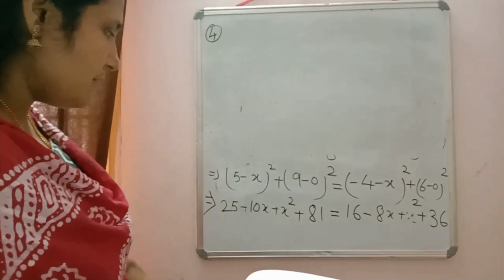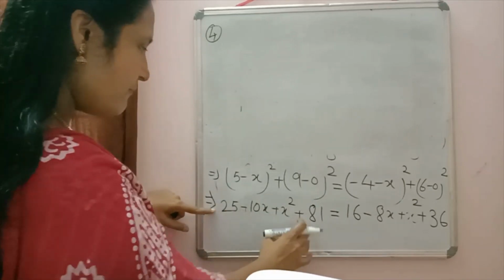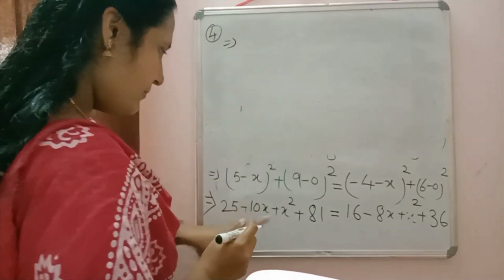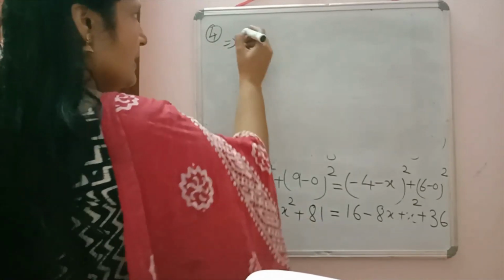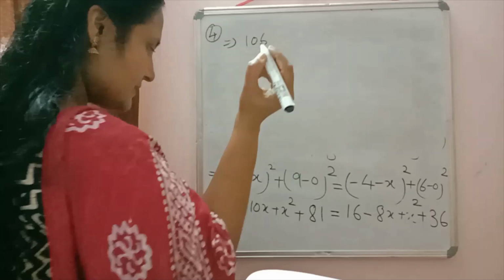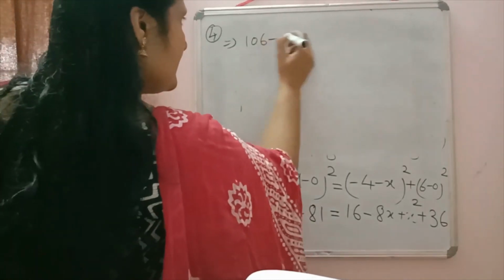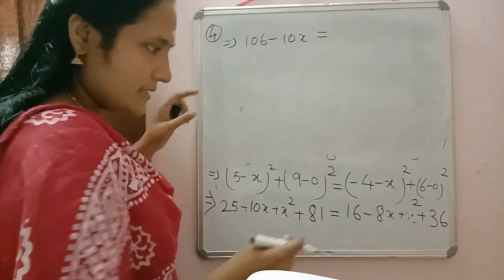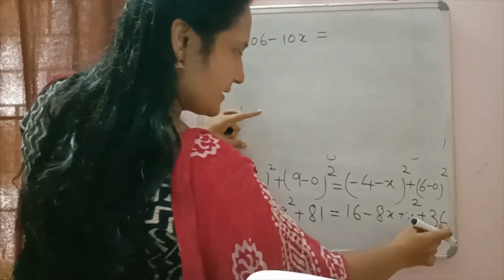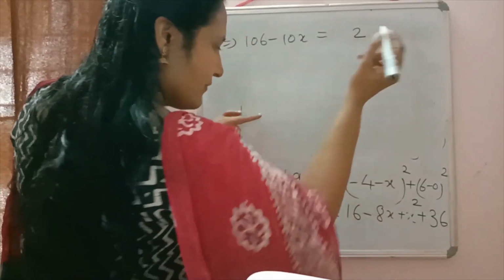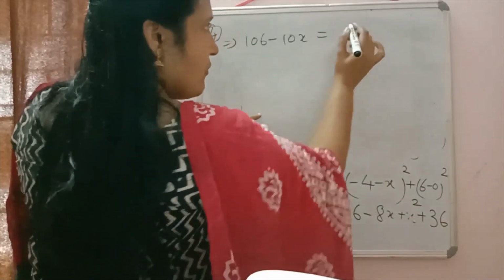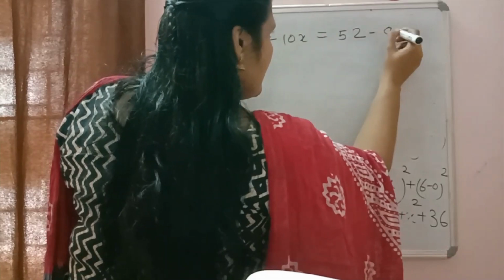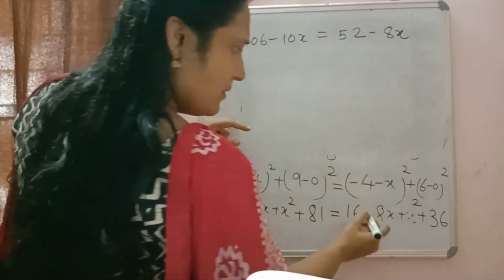Now the remaining expression we can write there, 25 + 81. Add it: 5 plus 1 is 6, 8 plus 2 is 10. So 106 - 10x equals, here remaining is 16 + 36. So 6 plus 6 is 12, carry over 1, 3 plus 1 is 4, plus 1 is 5. 52 + 8x.